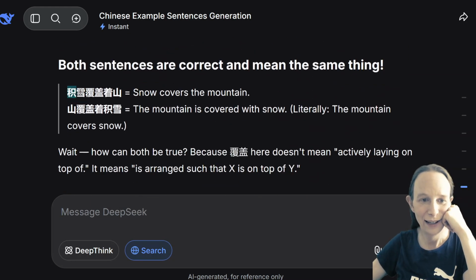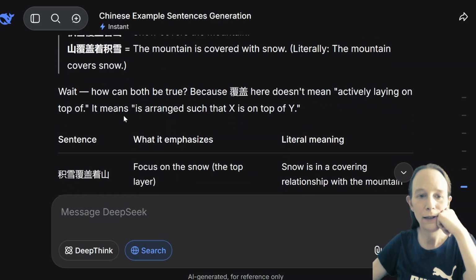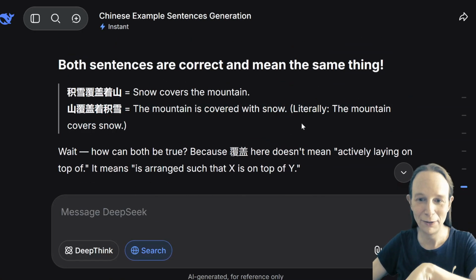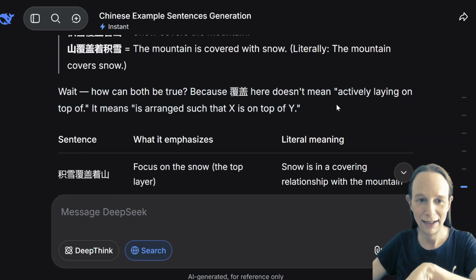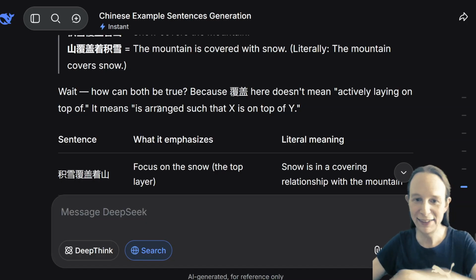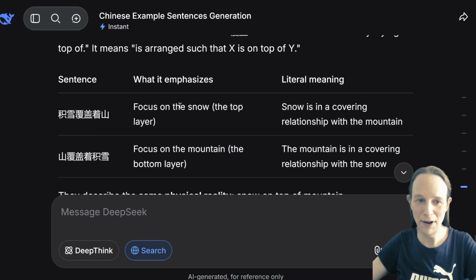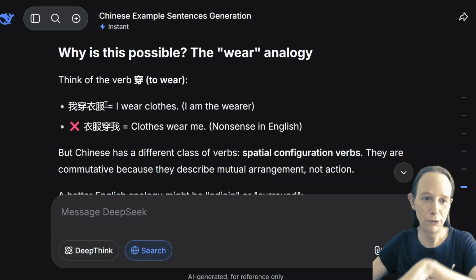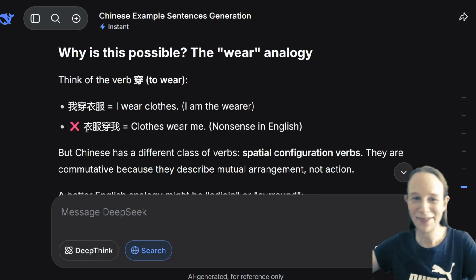So, okay. 积雪覆盖着山，山覆盖着积雪. Wait, how can that both be true? Maybe it's wrong? Is it in the range such that X is on top of Y? 穿衣服，衣服穿它. Yeah, this one's not commutative, is it?